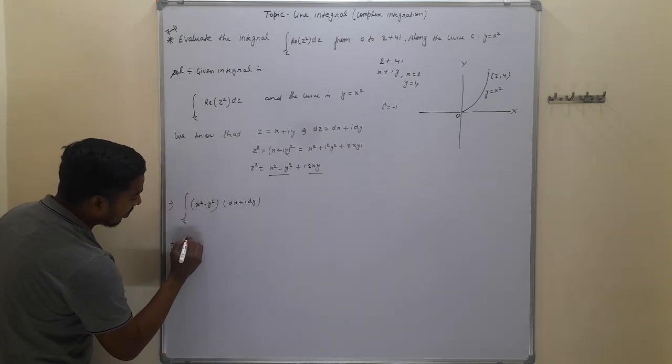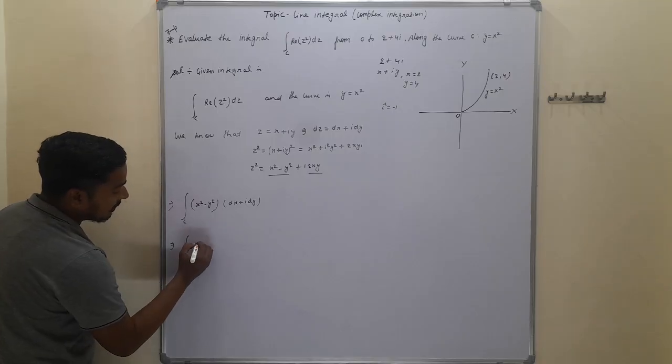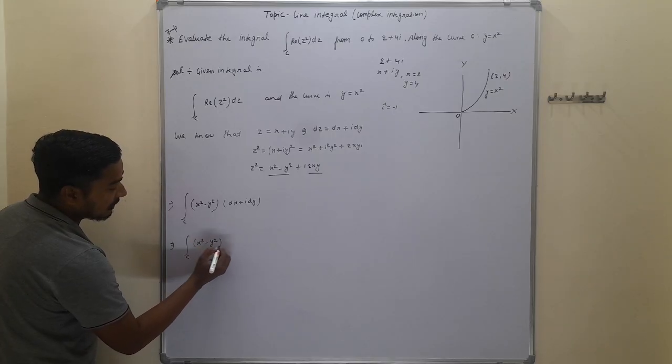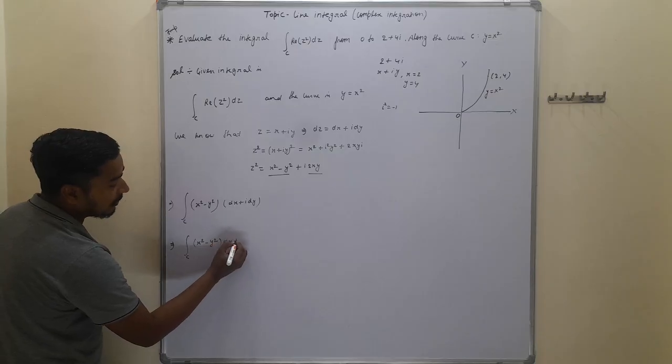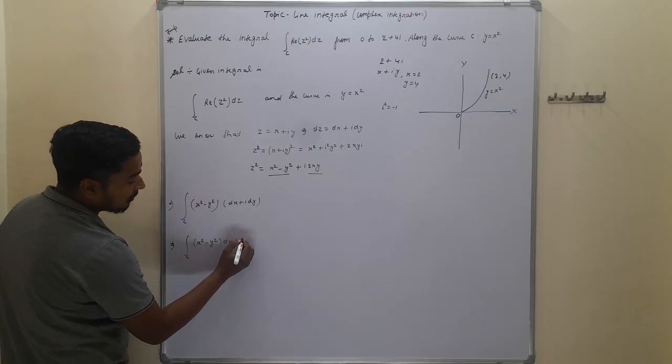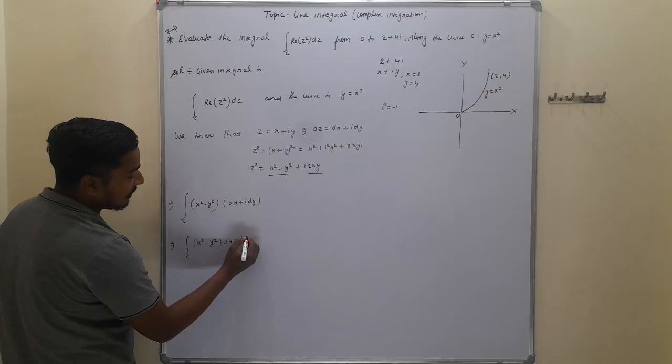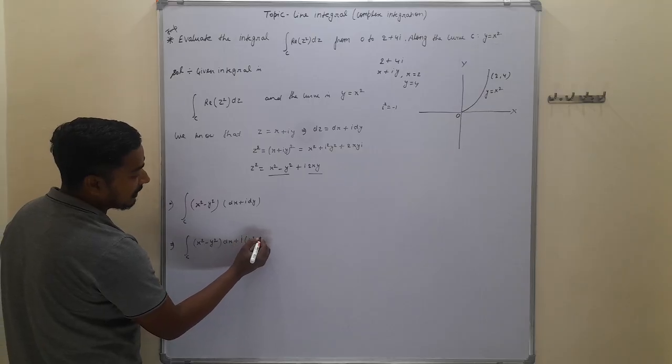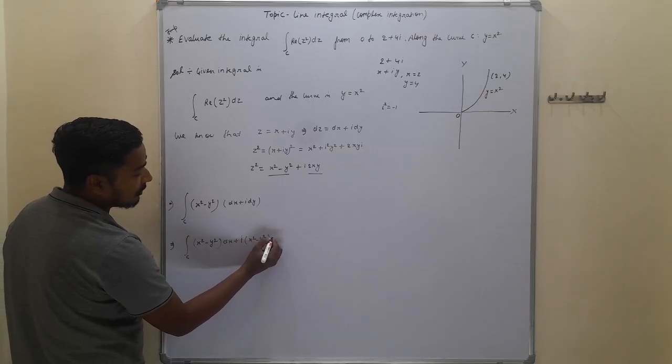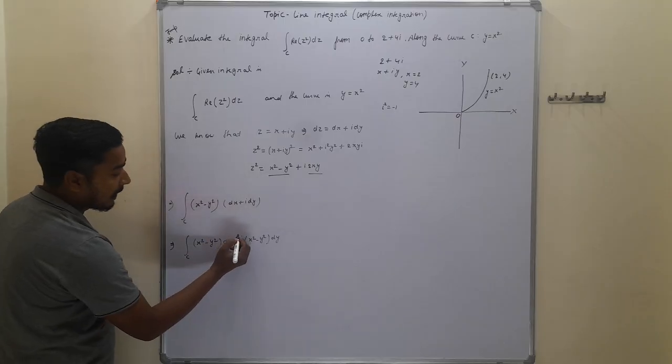This is given by closed integral over C of (x square minus y square) dx plus i times (x square minus y square) dy.